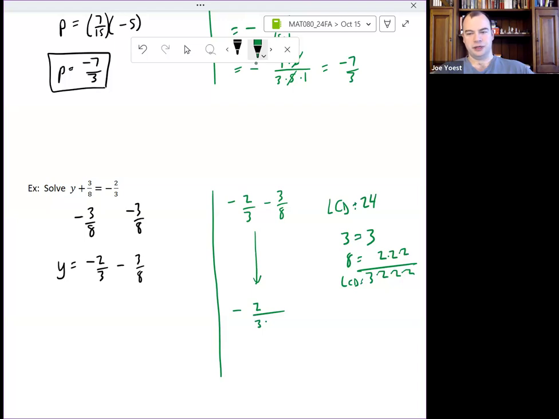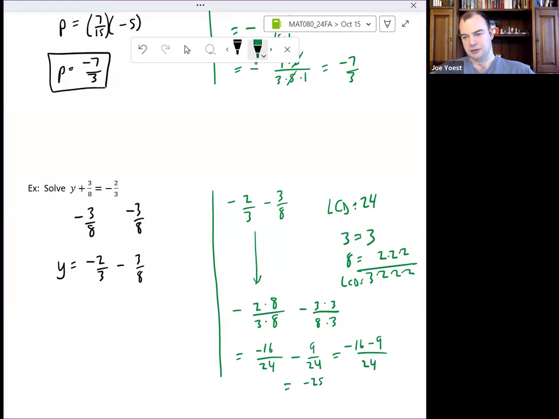I need to multiply 3 by 8 to make 24, so I multiply by 8 on the top and bottom of the -2/3. And I have 3/8. I need to multiply 8 by 3 to make 24, so I multiply 3 on the top and bottom of the 3/8. So this would be -16/24 minus 9/24, or -16 minus 9 over 24.